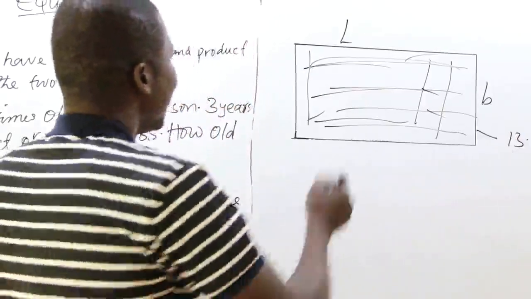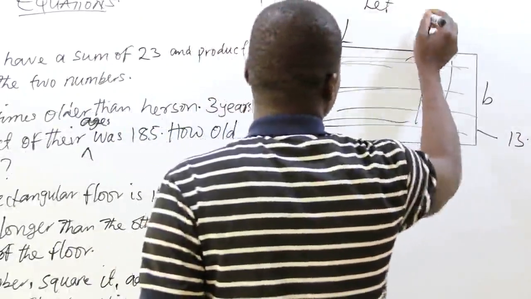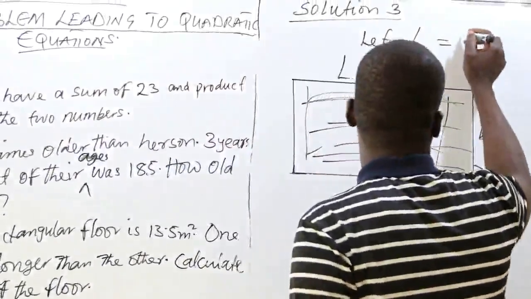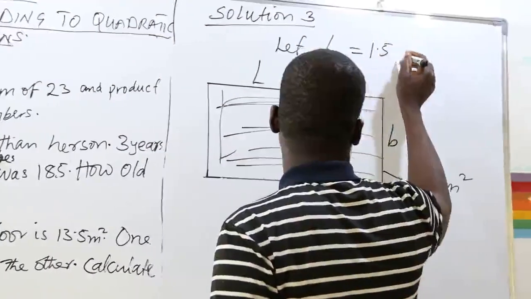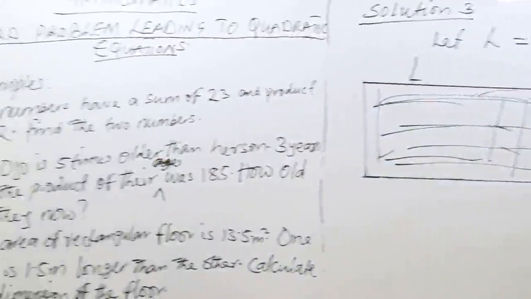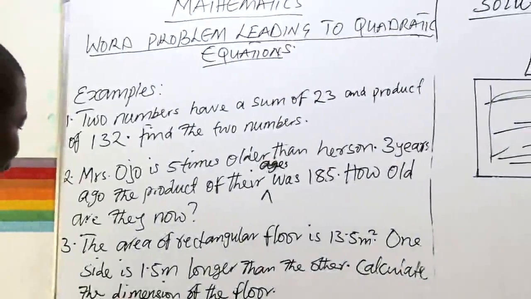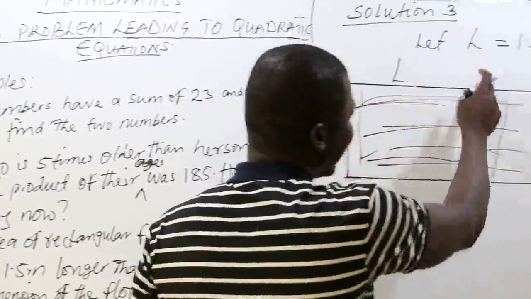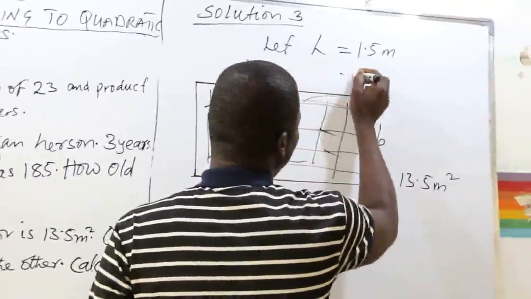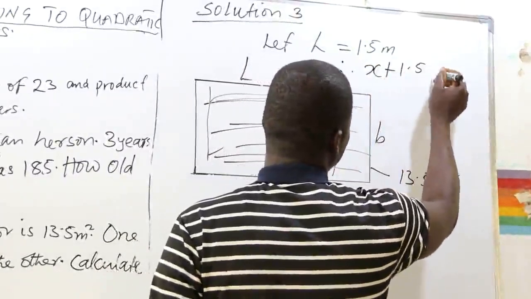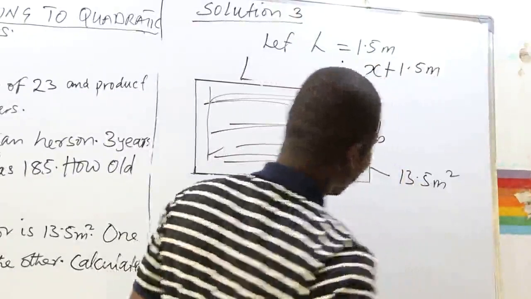So we say let L, which is the length, be equal to 1.5 meter. Now they are saying it's longer than the other side, so therefore we are going to have x plus 1.5 meter.